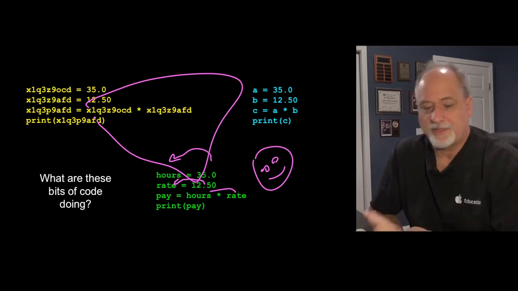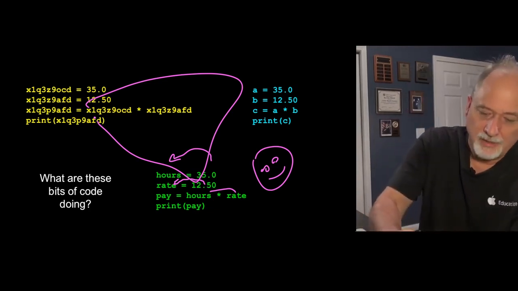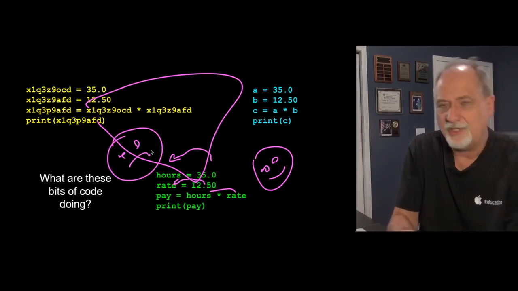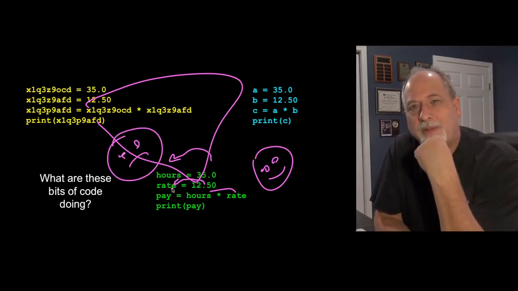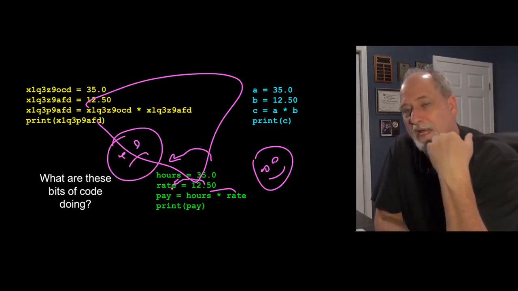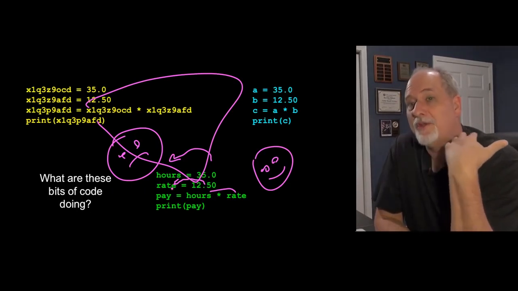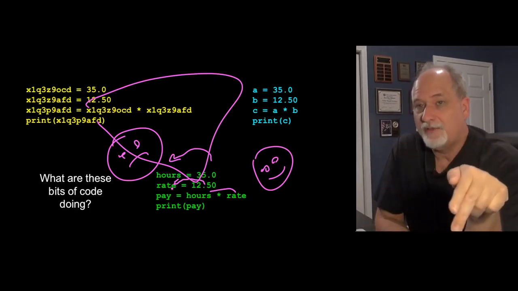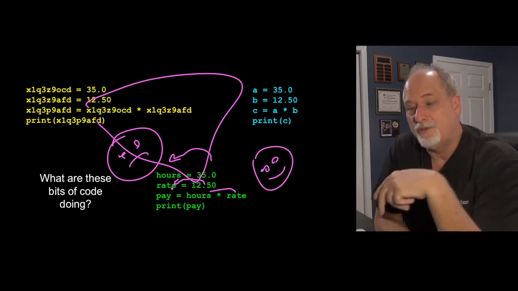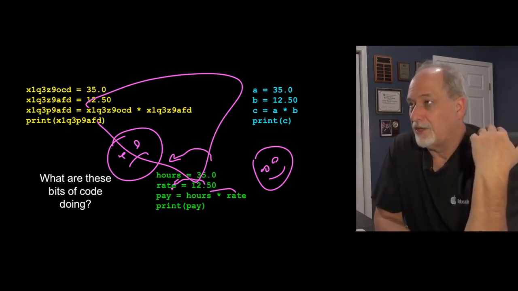The danger is, if you read this and you think that somehow Python understands payroll, that if you name a variable hours, Python knows what hours means. The answer is, Python really doesn't care what you name the variable, as long as you use it consistently. So you've got to be careful.